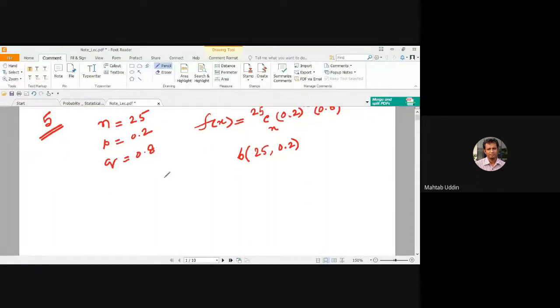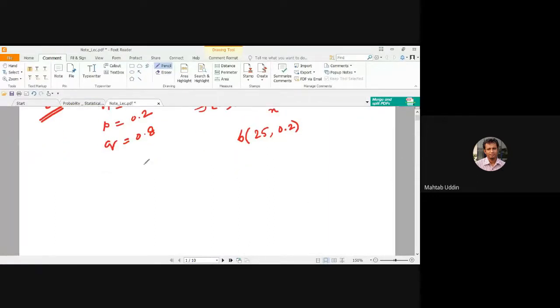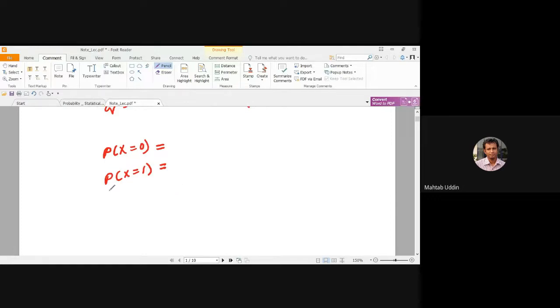Now, they need the probability at most 4. We first have to find x equal to 0, x equal to 1, x equal to 2, x equal to 3, x equal to 4.